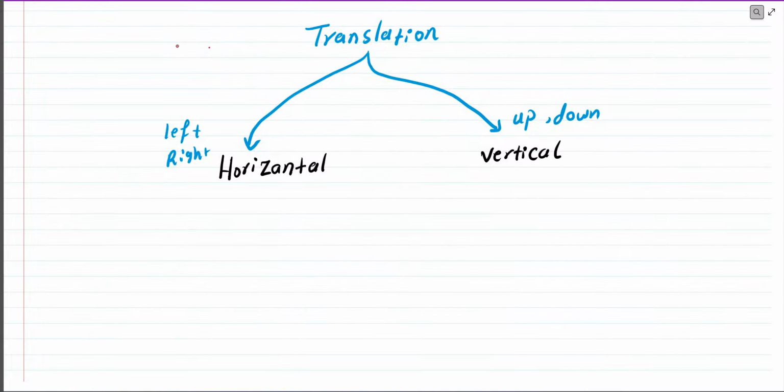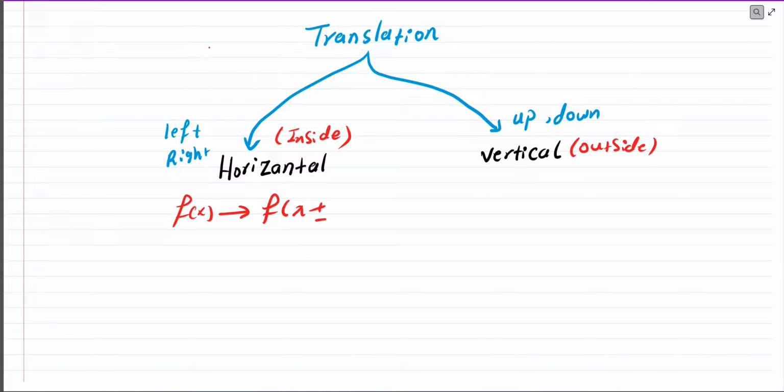For example, in horizontal translation, what will happen to f of x, the function? It becomes f inside. Please, for horizontal, think about inside, because all the process is going to be inside the function. But for vertical, it's going to be outside. Okay? So, this x inside the f, we plus or minus a number.